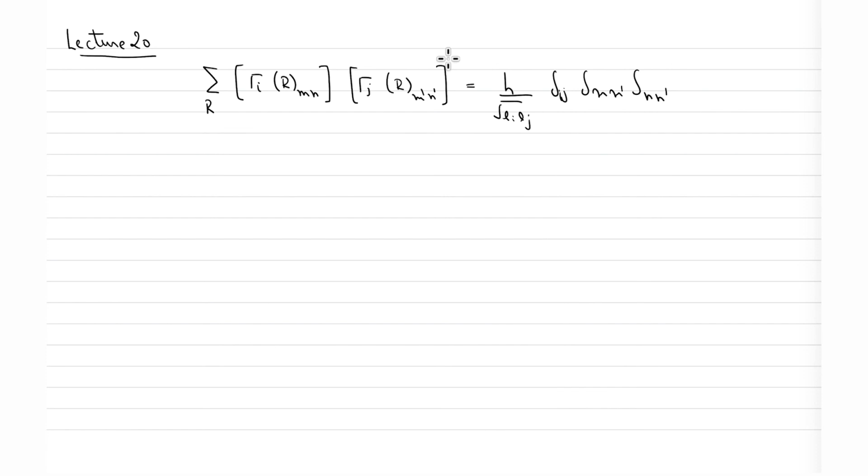And of course we did not discuss this in the last lecture, but one of the factors will be a complex conjugate if we are dealing with complex numbers here. So the matrix elements can take complex numbers. We will see that when we come to cyclic groups.